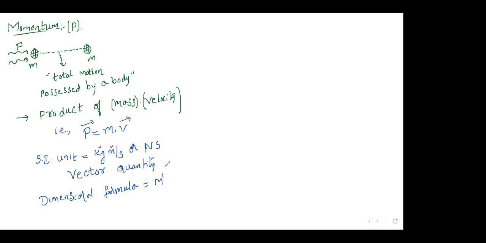For meter, you will get length, L power 1. For second, you will get time. That time is in the denominator, no? If you bring it from denominator to numerator, it becomes power minus 1. So what is the dimensional formula for momentum? M1, L1, T minus 1.